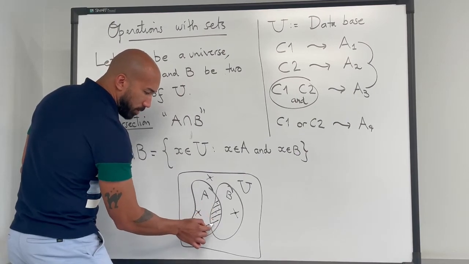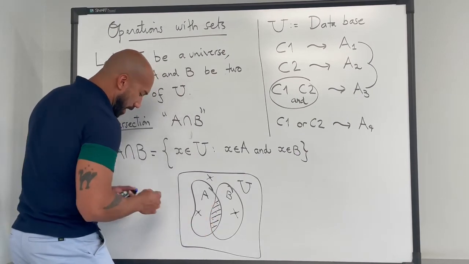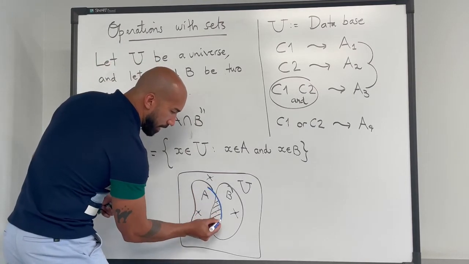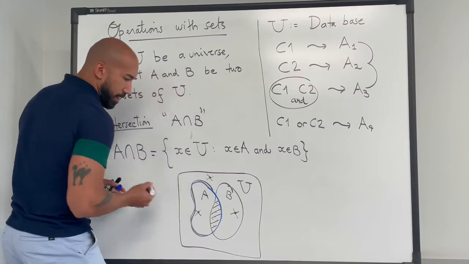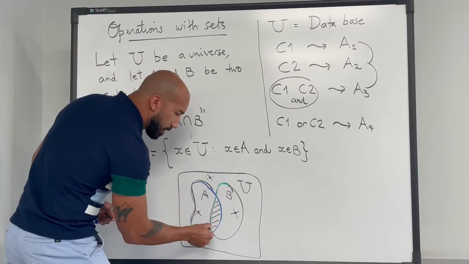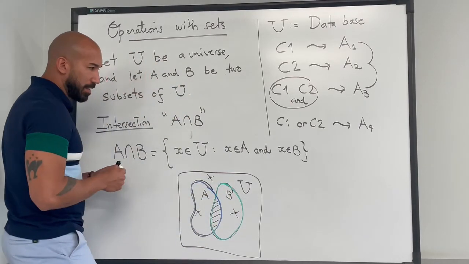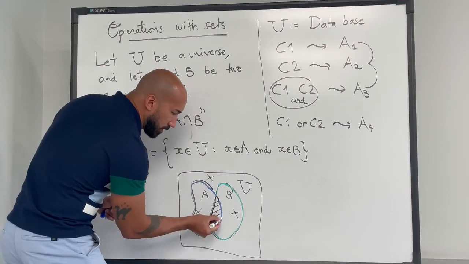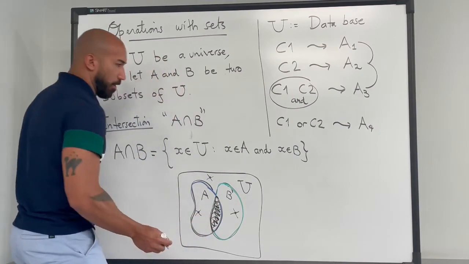Why? Because these are the elements that are in A, but they are also in B. So the intersection is going to be what these two sets have in common.